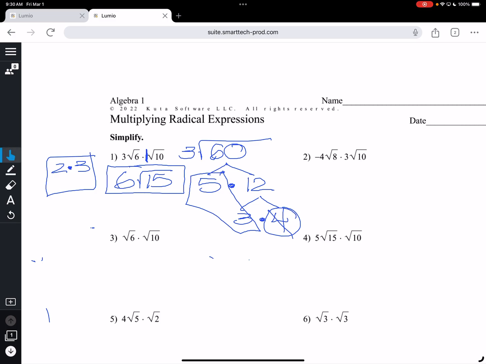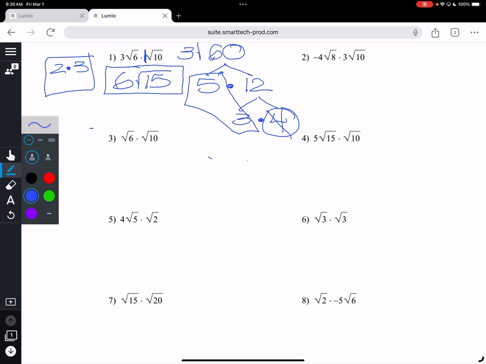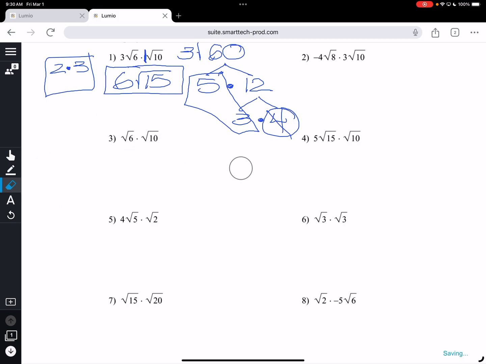Now, 3, you work it. Should be pretty straightforward. What's the radical? 2 radical 15.